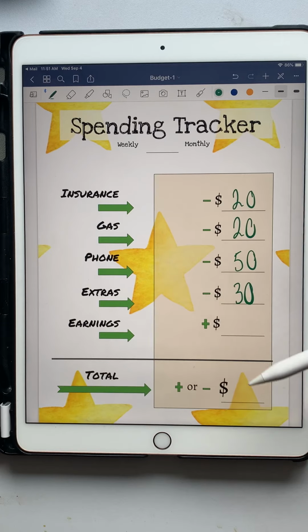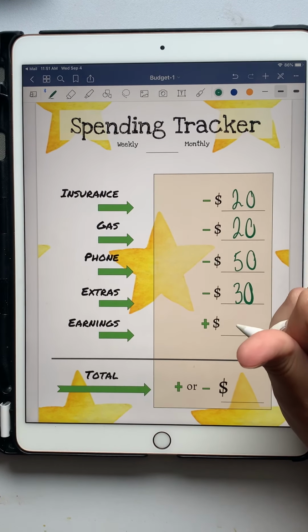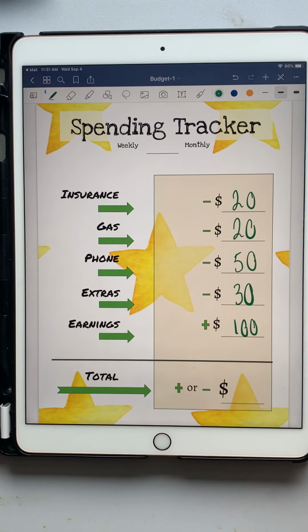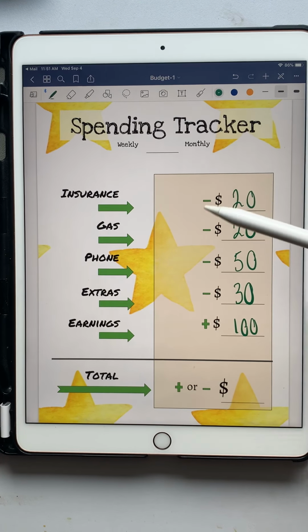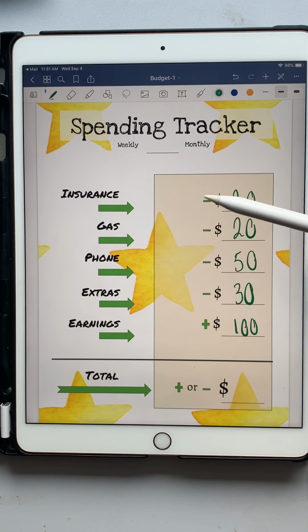And for earnings, say this week I worked 10 hours, so maybe I made $100. And then you can write your total down here. This little subtract sign means that you subtract that from your earnings. So I made $100, but I spent 30 and 50 and 20 and 20.